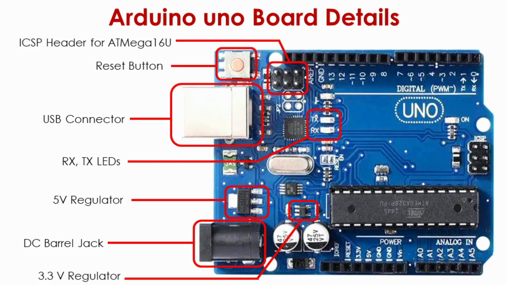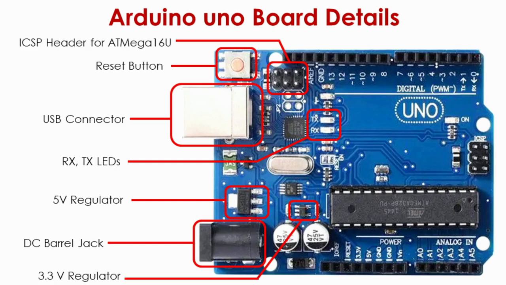Then there are RX TX LEDs. You might have seen these 2 LEDs blinking when the program is getting uploaded, or sometimes when the Arduino sends some commands to the Bluetooth device or receives commands from the Bluetooth device. These 2 LEDs blink. And then there is a 5 volt regulator that you can see, and a 3.3 volt regulator.